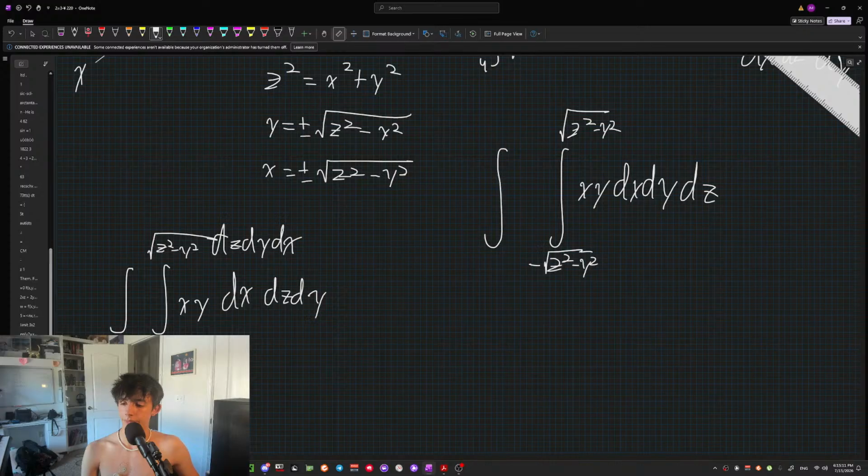Another integral: z has to be between 0 and 6 minus y over 2.